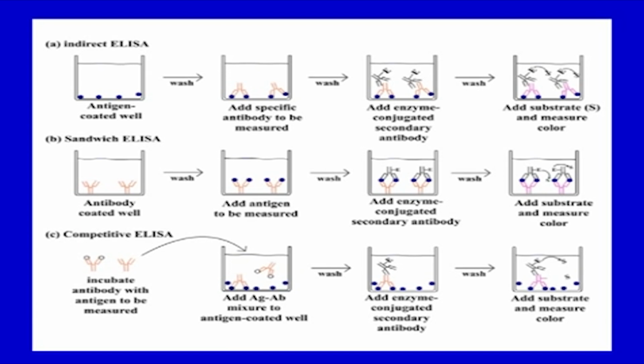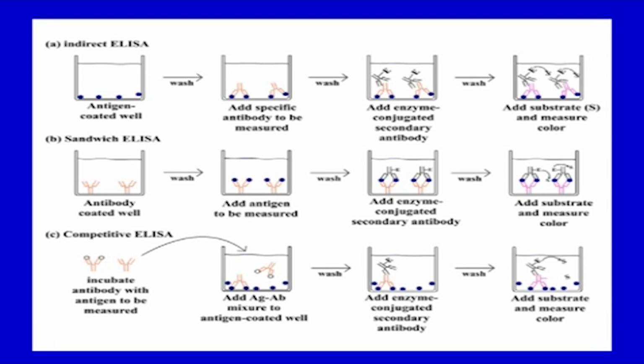At every step washing has to be done to remove the non-binders, like the primary antibody or antigen that is not bound, and the secondary antibody which is not bound, so that extra signal is not there. Signal comes only from the enzyme linked to the antibody which is bound to the antigen.